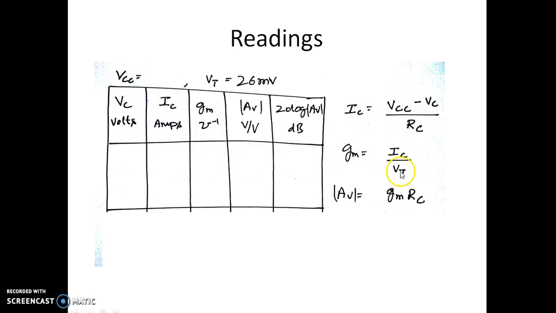This is your transconductance, which you can get using the equation IC by VT. The corresponding AV we can measure from the AD kit, which is output peak to peak by input peak to peak. You can also verify that with the theoretical value, which is GM into RC. We can also find its decibel value by 20 into log of that gain.